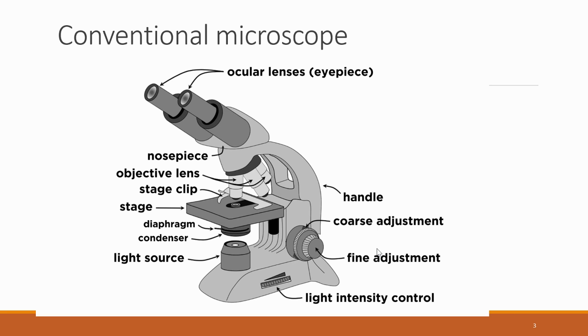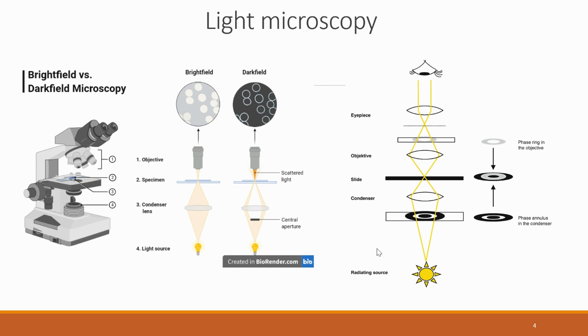We have a diaphragm, a condenser, and a light source, and also there is an intensity control to play with the light intensity. So this light microscope has bright field and dark field modes.